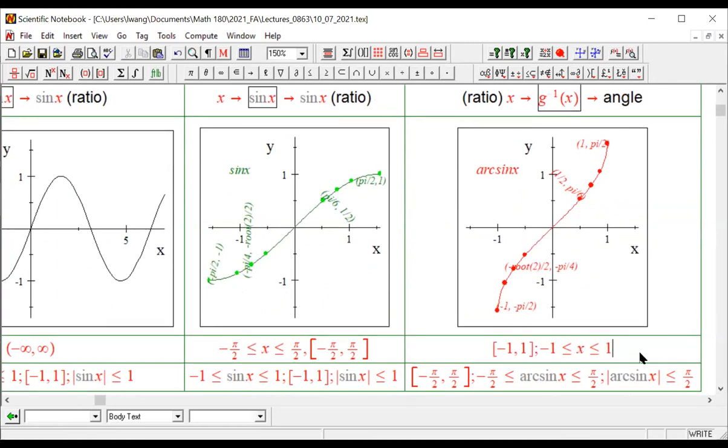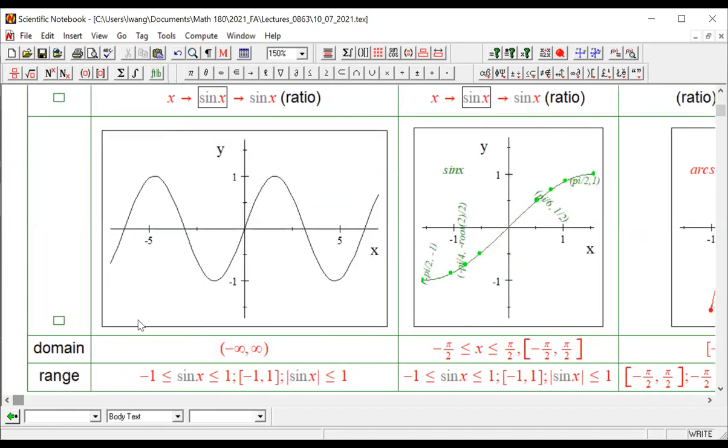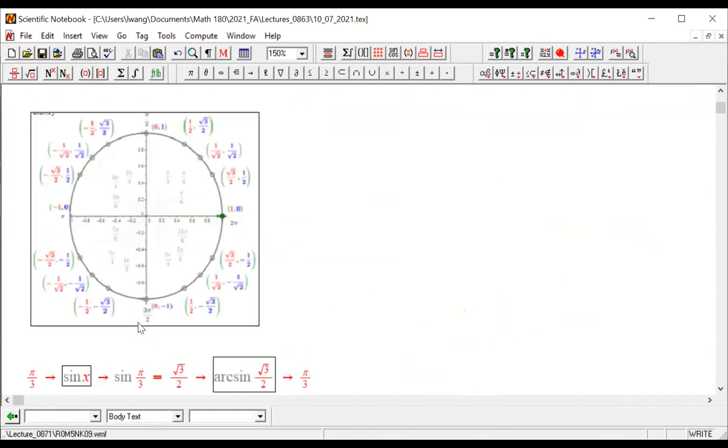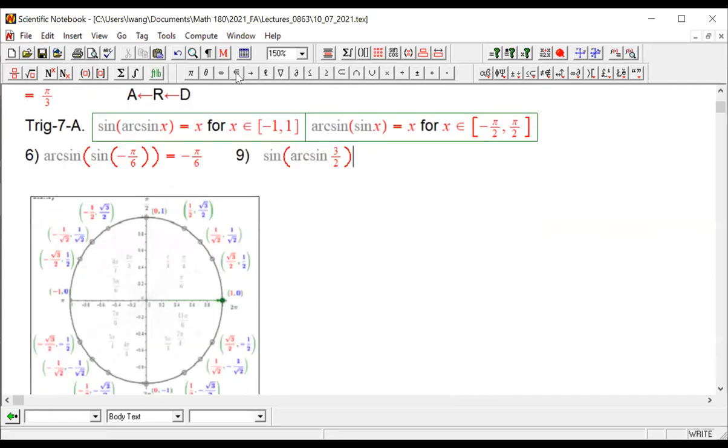That's right. Isn't 3/2 outside? Yes. If it's outside, what do we say? Undefined. It's pretty easy, right?